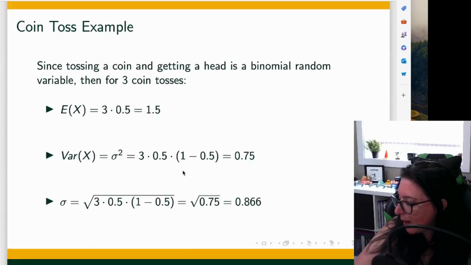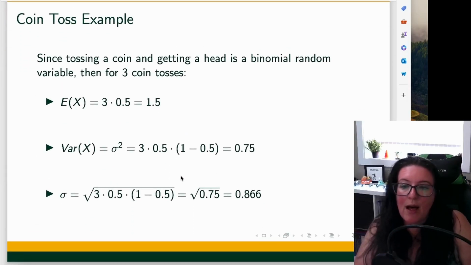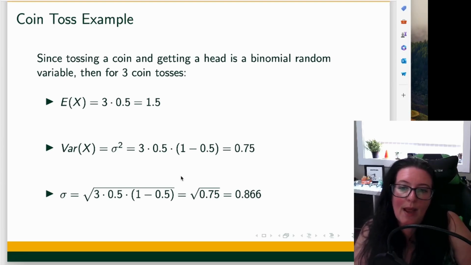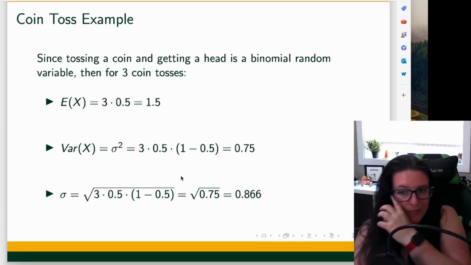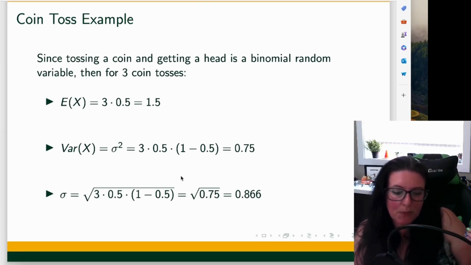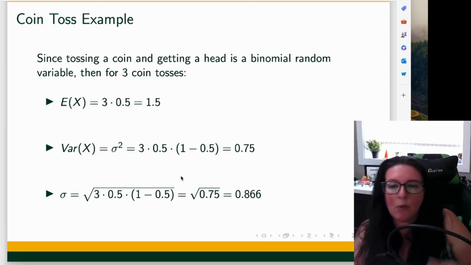In our example of tossing a coin, we already found the expected value was 1.5. If we have 3 coin tosses, as in our demo, each toss has a 50% chance of being heads, because it can only be heads or tails, equally weighted.